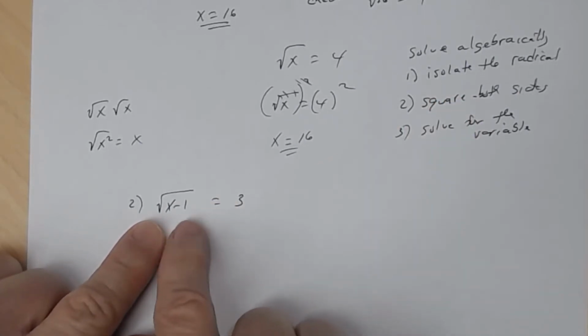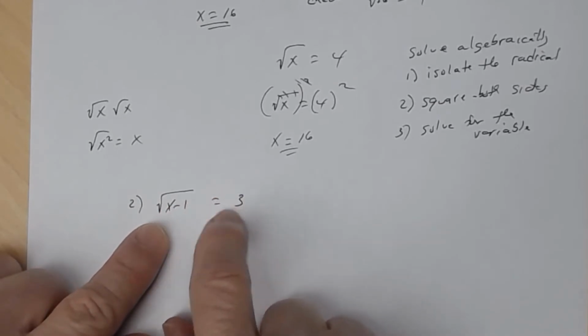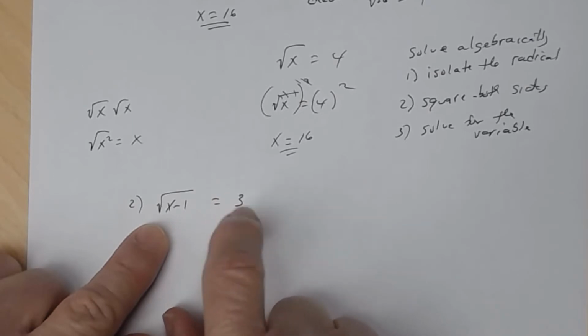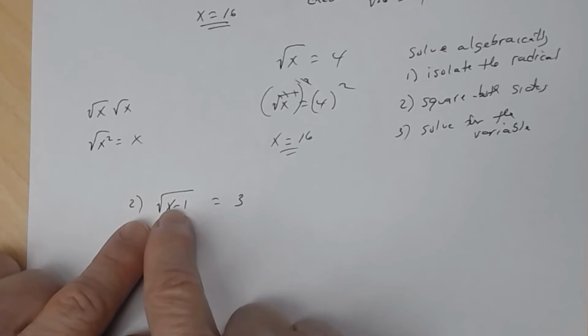Think about this: you're taking the square root of x minus 1, this expression. What number times itself is 3? Well, 3 times 3 is 9, so this right here has to be 9. And if this has to be 9, then what must x be? Well, x must be 10, because 10 minus 1 is 9.